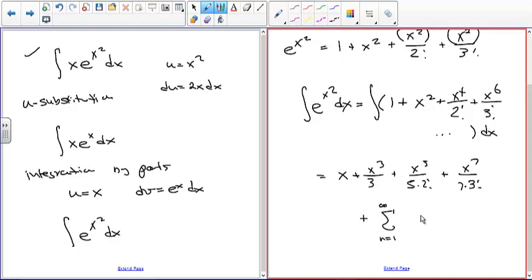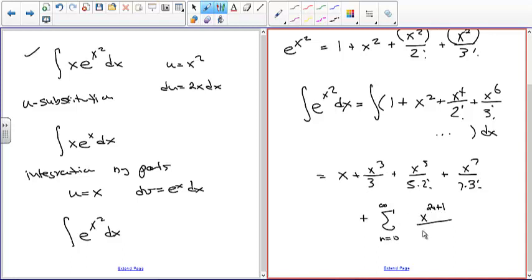Let's see if we can figure out what it is. x to the 2n plus 1, starting at n equals 0. So when n equals 0, I'll have x to the first power. When n equals 1, I'll have x cubed.